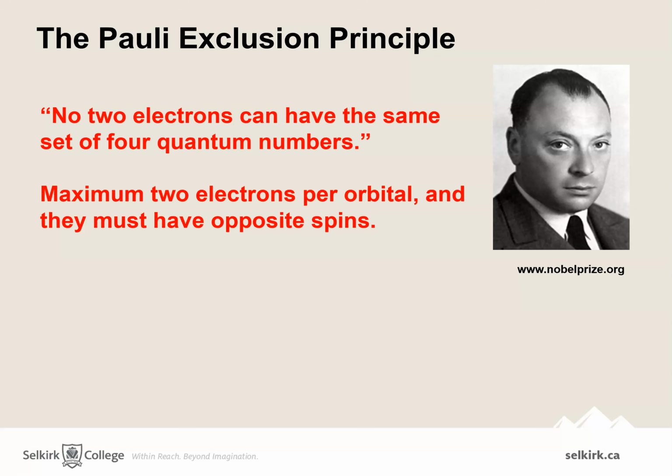This has all been leading to a principle by which we are going to assign electrons to a polyelectronic atom. The Pauli exclusion principle. That's Wolfgang Pauli in the picture there. He said no 2 electrons can have the same set of 4 quantum numbers. Here's what that means in practical terms. To define an orbital, we already specified 3 quantum numbers, n, l, and ml.